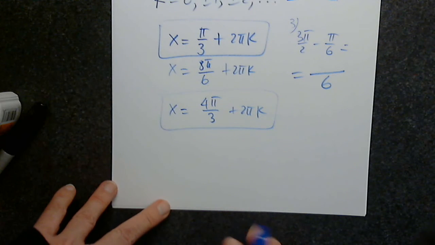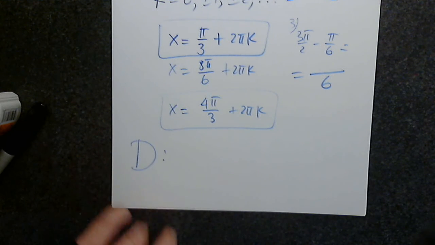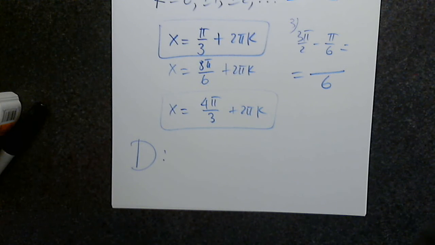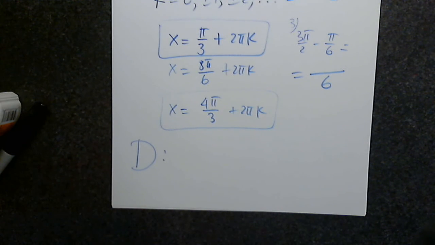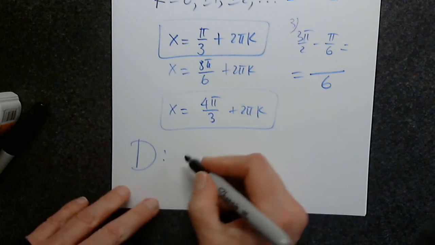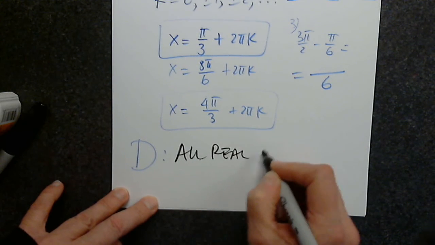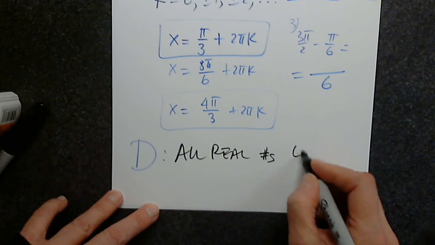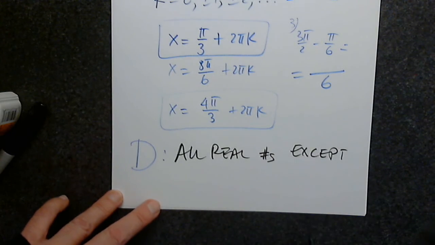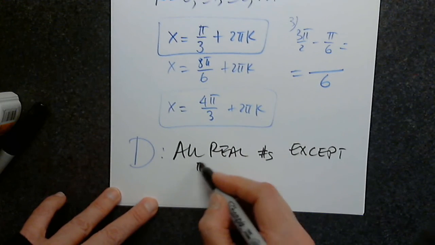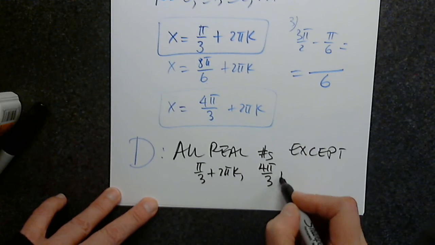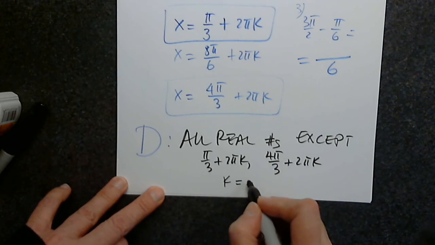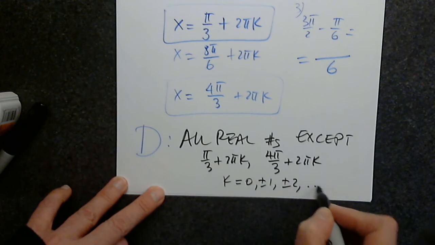And you can say that's wonderful, but what is the domain? I should have asked what equation we're solving. We're solving a trig equation. Fine. You solve the trig equation. Now what? Give me the domain. And I will say all real numbers except pi over 3 plus 2 pi k and 4 pi over 3 plus 2 pi k, where k is 0, plus or minus 1, plus or minus 2, and so on and so forth.